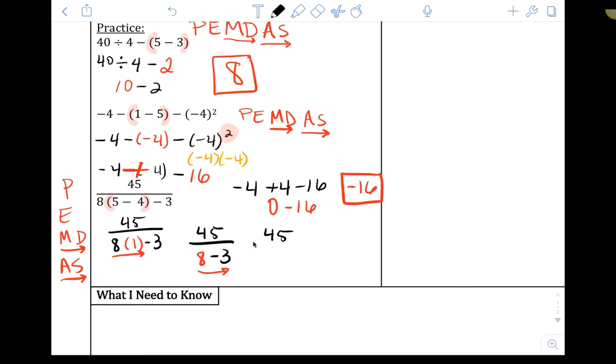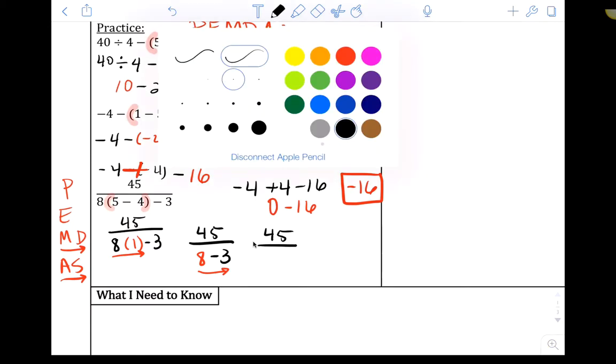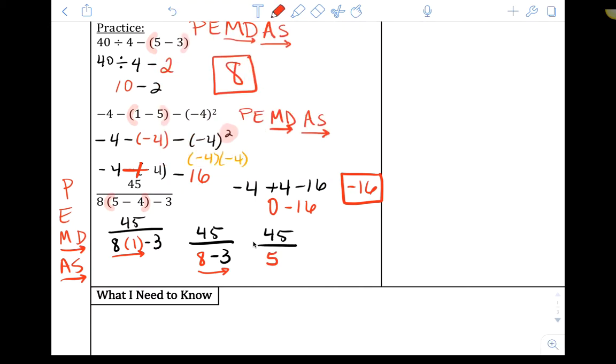So I've got 45 over 8 minus 3, which is 5. Now, I've got this fraction, 45 over 5, and it still can be simplified even farther. So I'll go ahead and do the division on this one, and it will be 9.